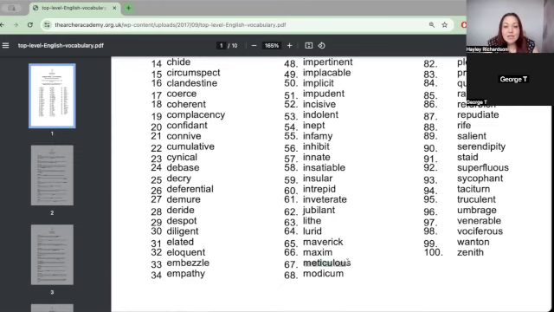Meticulous. Meticulous is a great word to use, and it basically means very, it's almost like pedantic. It means very detailed. This would be a really good word to use if you're talking about the selection of vocabulary.